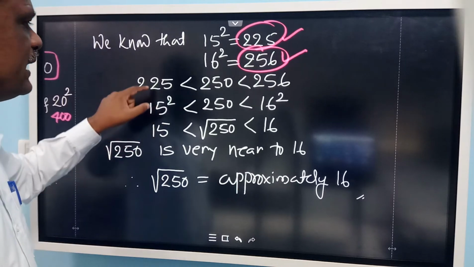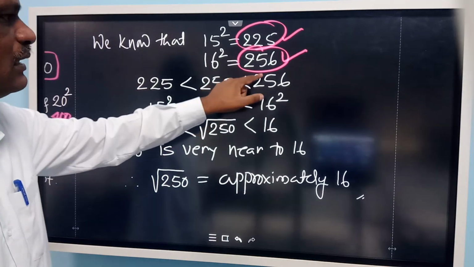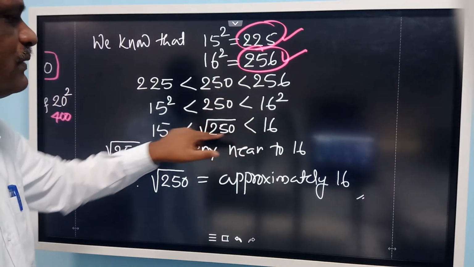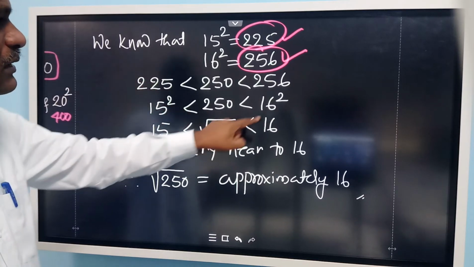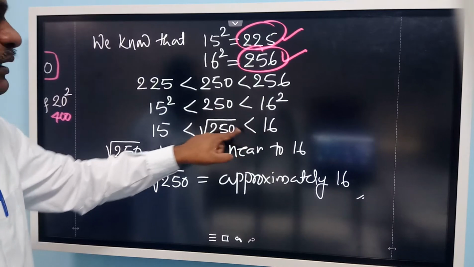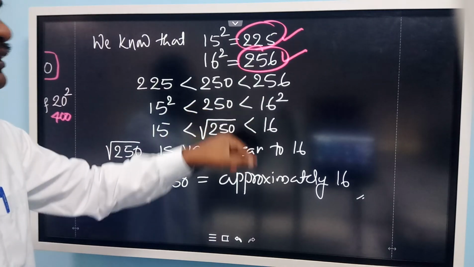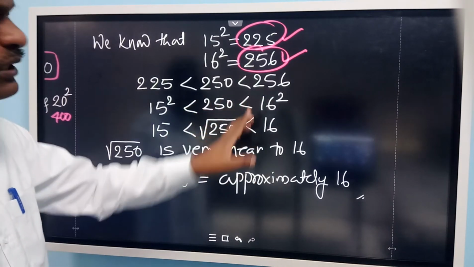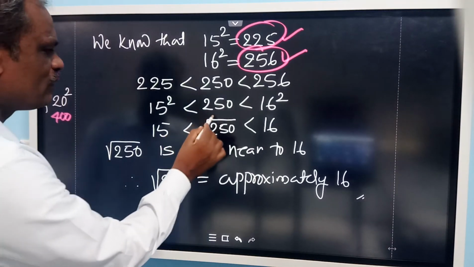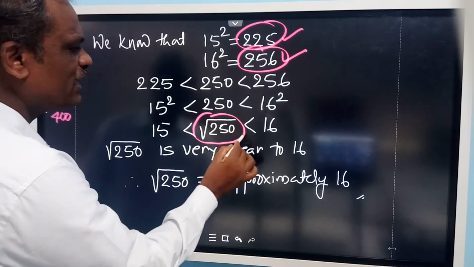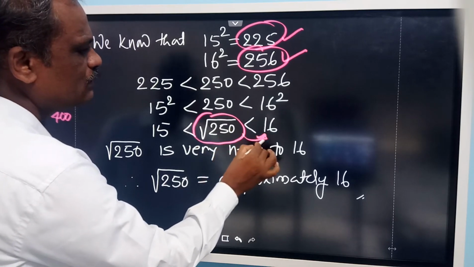So if I write this 225 as 15 square and this as 16 square, take the square root of these numbers. Square root of 15 square is 15, square root of 16 square is 16, and the square root of 250, we do not know, it is square root of 250 only. And you know that this square root of 250 is very near to 16.